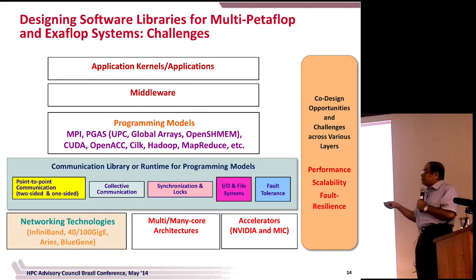And if we can deliver, then of course the applications can exploit all these features to get the performance and scalability. And this is where the communication library or runtime fits in. It could be different kinds of MPI libraries, different kinds of runtimes for PGAS, or a combination of MPI and PGAS.